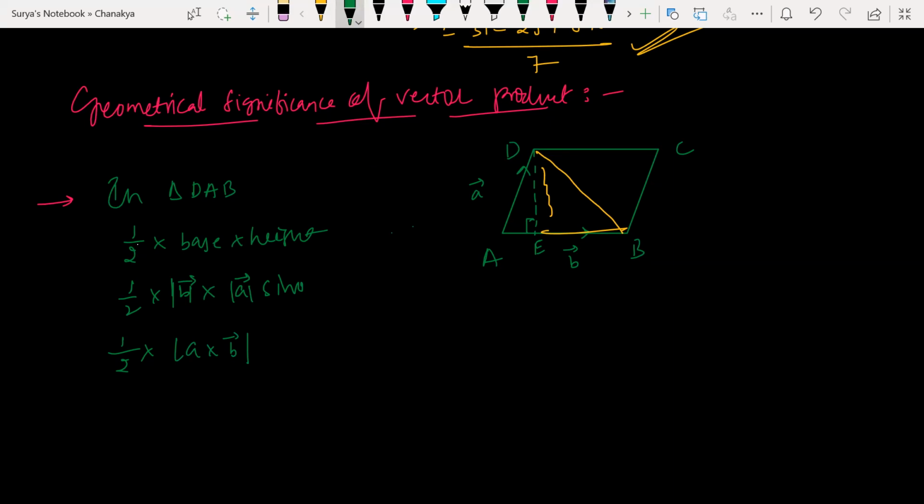Now, guys, that is the area of the shaded triangle I got here. Now, if I ask you to find the area of the parallelogram, what happens? What will be the area of the parallelogram here? Tell me. It's twice of this, right? This triangle is half of this parallelogram. So the area of the parallelogram is twice of the triangle area you got, which is half.